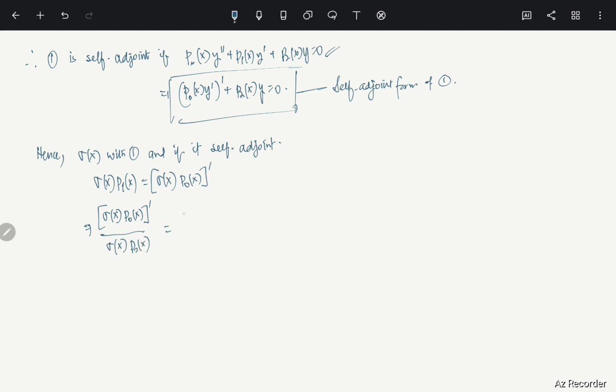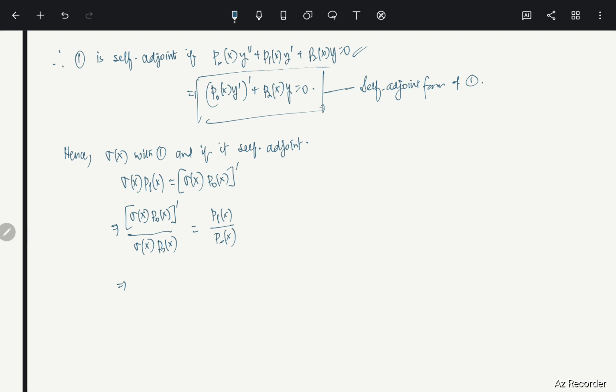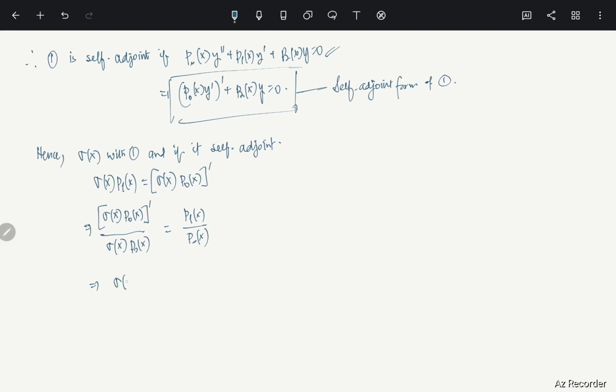Then that will give you P1 of x by P naught of x, right? So once again, if you integrate both sides, sigma of x is nothing but 1 by P naught of x times exponential of the integral over x of P1 of s by P naught of s ds. This is what you are going to get, right?